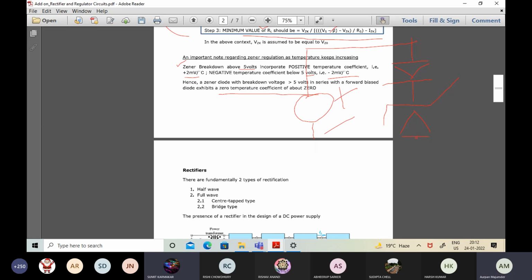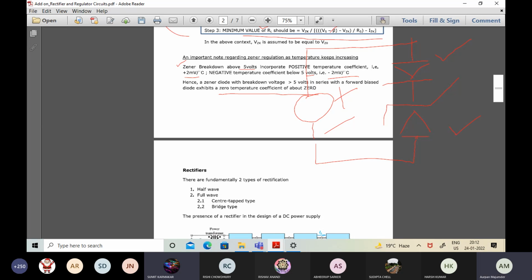So what has been shown over here is effectively giving the idea that this is the forward bias diode having minus 2 millivolts per degree centigrade temperature coefficient, and this is the reverse bias Zener diode which is having plus 2 millivolts per degree centigrade.